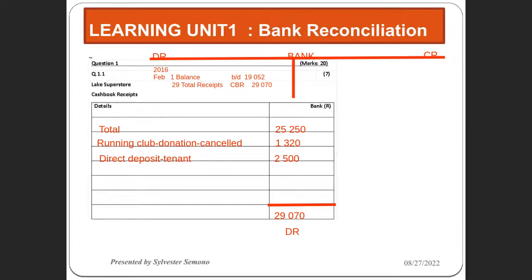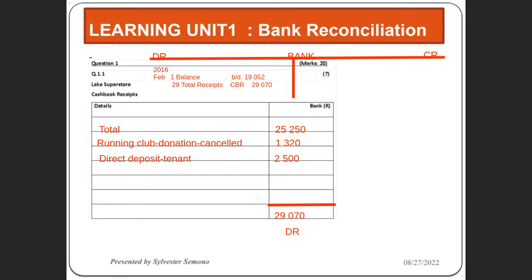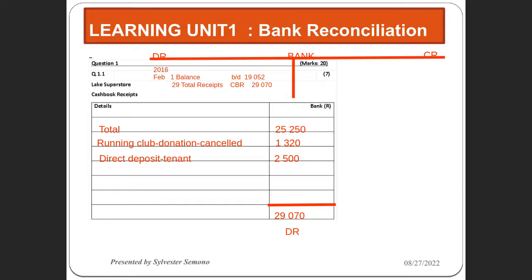Remember, I'm transferring the total. It's going to be the 29th. I'm going to say total payments CBP, and the total was how much? The total for the payments was 39904.